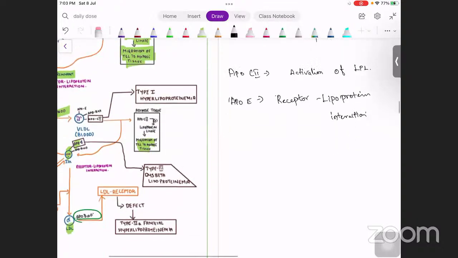And ApoB100 transports VLDL out of the liver. And it is also the only apoprotein present in LDL.